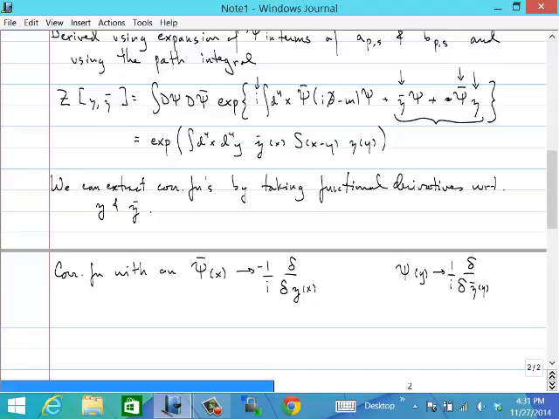So for example, you could connect this guy, so you could consider this diagram. And this is where you really need to start worrying a little bit about all the minus signs that come when you interchange the ordering of fermions. So in particular, in this case, if I can do the counting correctly.